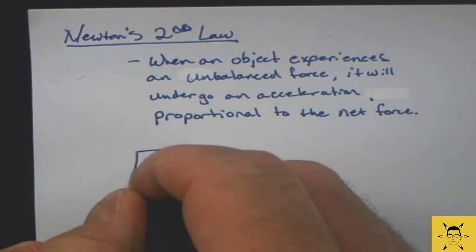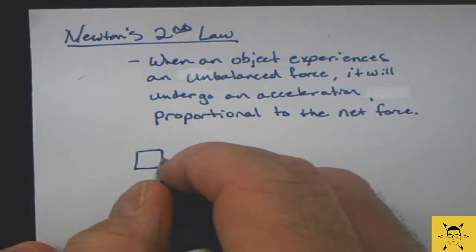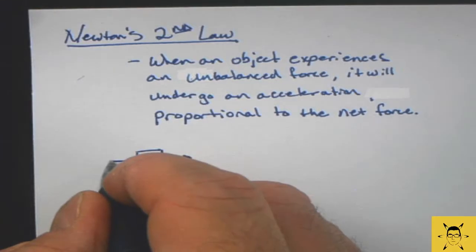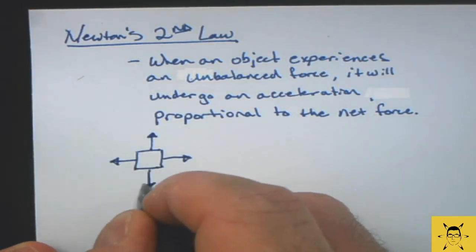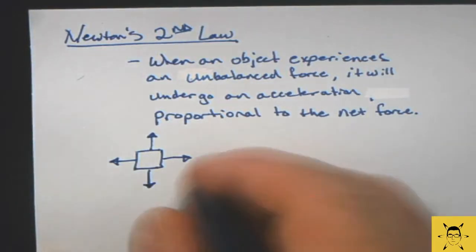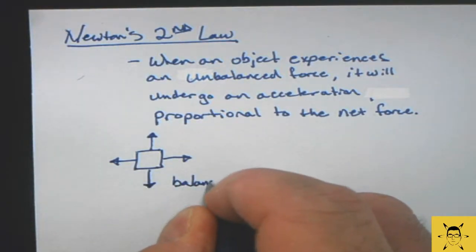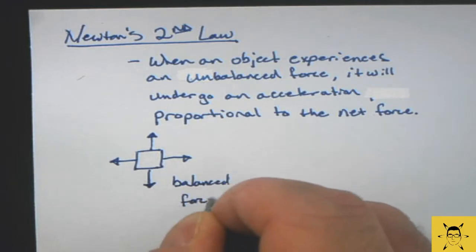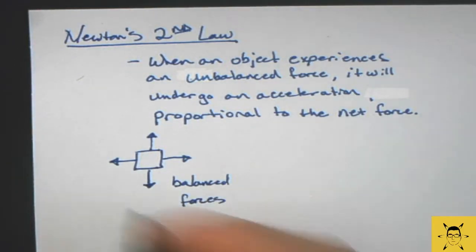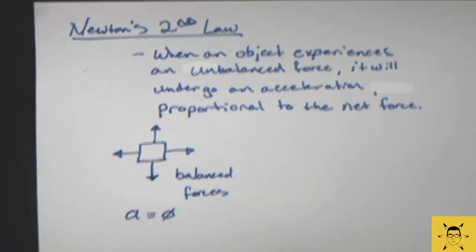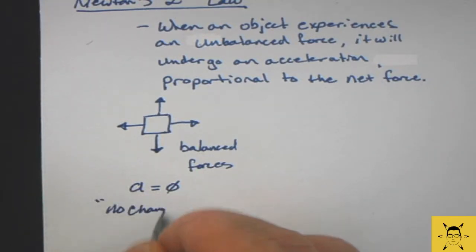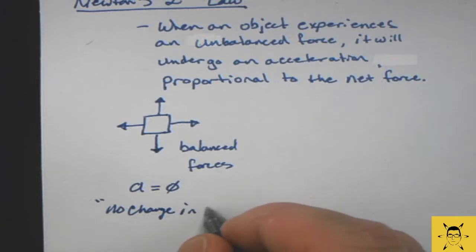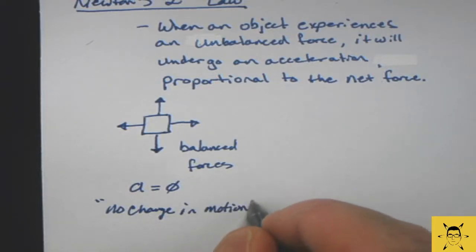That we've done our diagrams here, and before we've had forces that have always balanced each other. Okay, and because of this, our acceleration is equal to 0, or there's no change in motion.